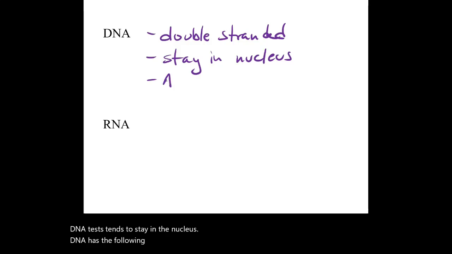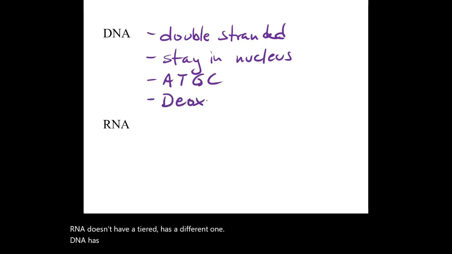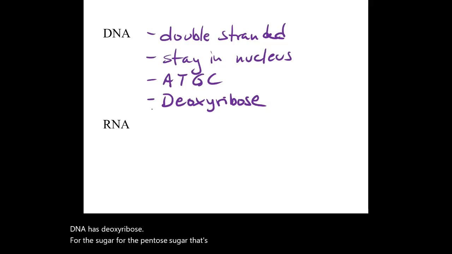It has A, T, G, and C. RNA doesn't have a T, it has a different one. And DNA has deoxyribose, for the sugar, for the pentose sugar, that's one of the components of it.